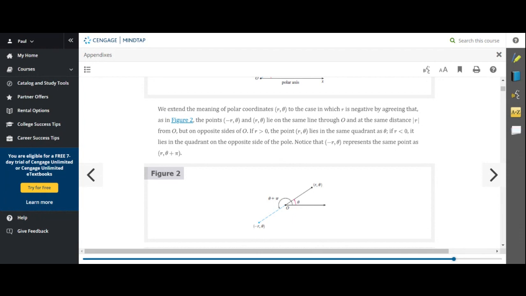So with polar coordinates, you can have negative radiuses. Are there any questions on figure 2? I want to make sure we're all comfortable. You have to let me know.